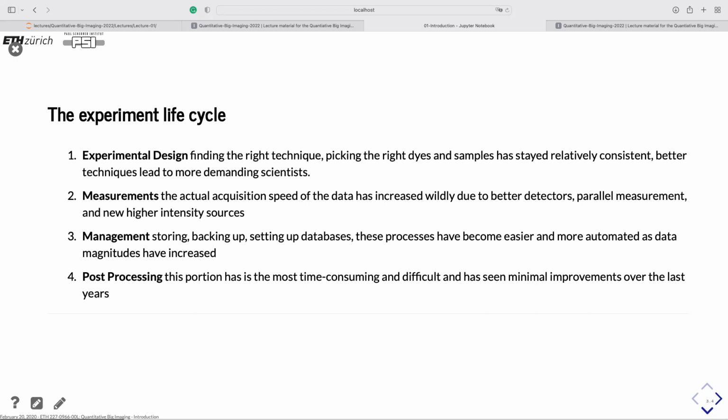And all this copying and overhead needs to also be well planned in order to get reproducible data. And today, it's even more important to have public data, open data. And then it's important that you have well-described procedures for how to find and use the data. And finally, the part that actually takes a lot of time is the post-processing, to do everything I showed in this graph before.